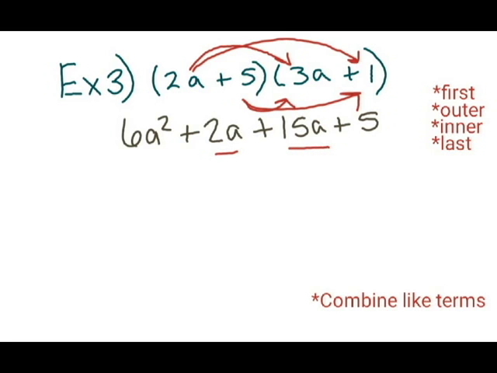The a's only have one exponent, which makes them match. So we add them together. 2 plus 15 is 17a. There are no other numbers that can be added to 5, and nothing can be added to 6a squared. And that is our final answer.